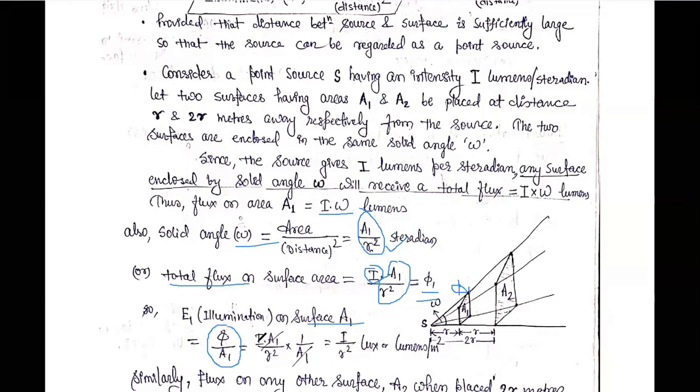So when we put the value of phi, we get the illumination E1 at surface 1 is equal to I divided by R square. That means it satisfies the inverse square law. E1 is inversely proportional to the distance square.